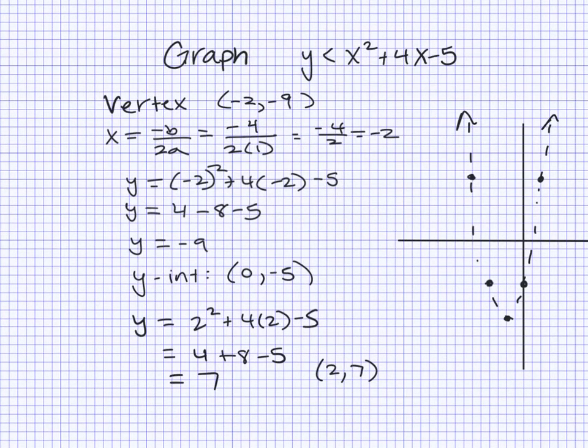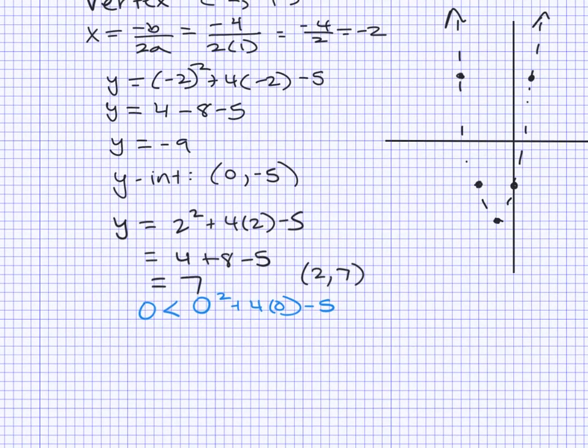And so if I do that, I get 0 is less than 0 squared plus 4 times 0 minus 5, and I get 0 is less than -5. And I have to ask myself, is that true? Is 0 less than -5? And the answer to that is no, that is not true.